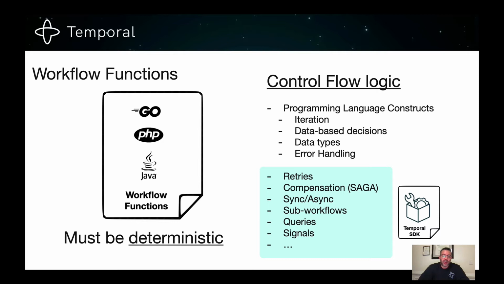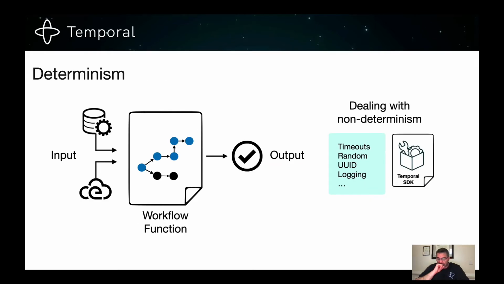Now, one thing about workflow functions is that they must be deterministic. What it means is that for a given set of inputs, such as data or events, we have to write a workflow definition such that it will take the same path given the same inputs.